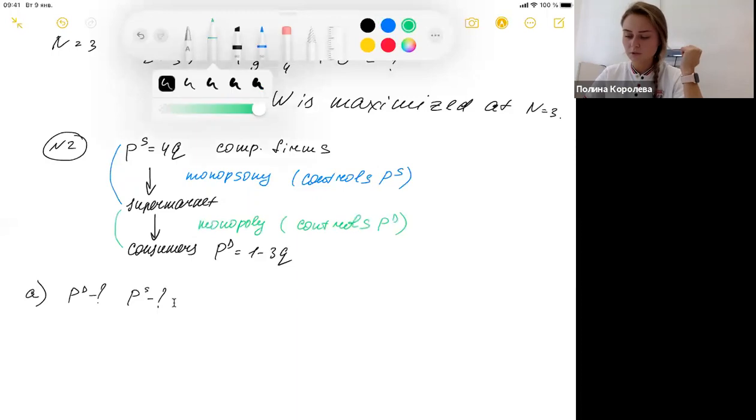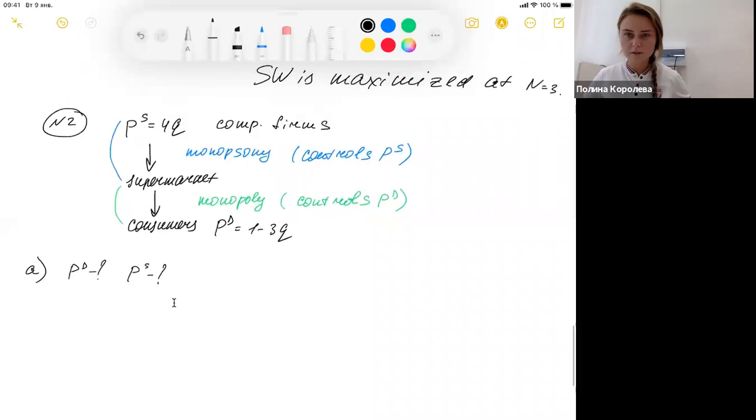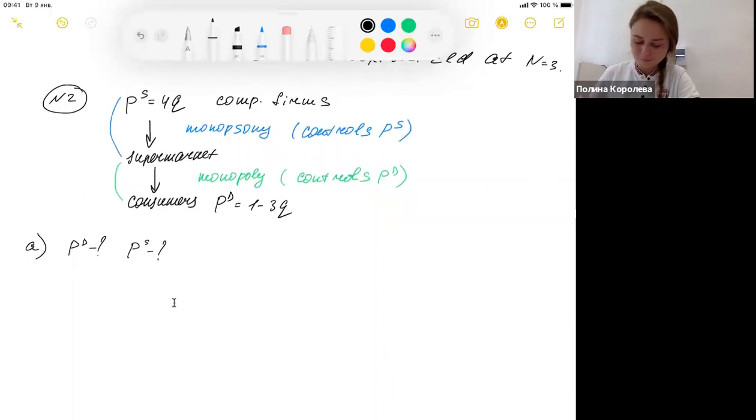So now we use this information and write down. The supermarket controls everything, the supply of apples and the demand for apples. That's why, to find the prices that our supermarket will charge, we need to write down the profit of the supermarket. This is the demand multiplied by quantity, the total revenue, minus total costs.